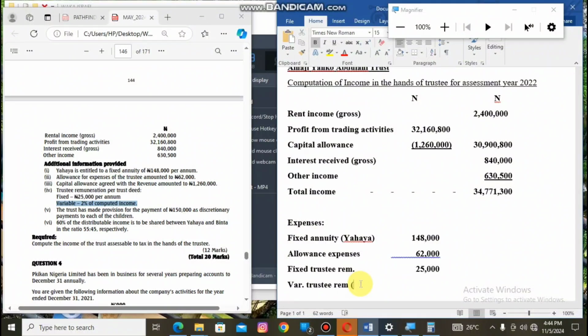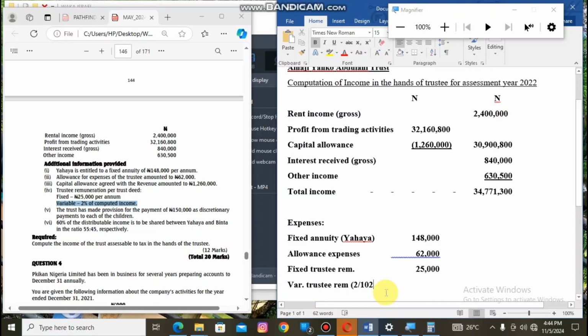And so it means that for us to arrive at computed income, we still need to deduct variable trustee remuneration. Hence, the 2% that we want to calculate is also inclusive in the computed income. So in such a case, it will not be 2%, it will be 2 divided by 102, because the 2%, this variable trustee remuneration, is still an expense to arrive at the computed income.